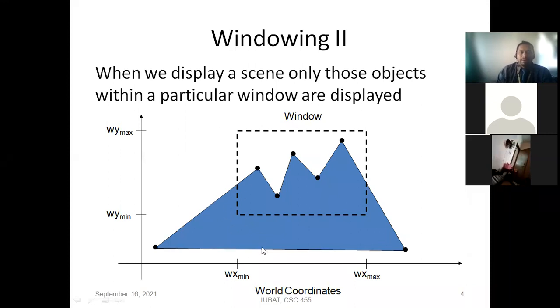The objects that we have inside and outside the window, especially the primitives, consist of points. Whenever you have points, you can check the coordinates of those points by comparing with the window, and then identify whether each is inside or outside the window.